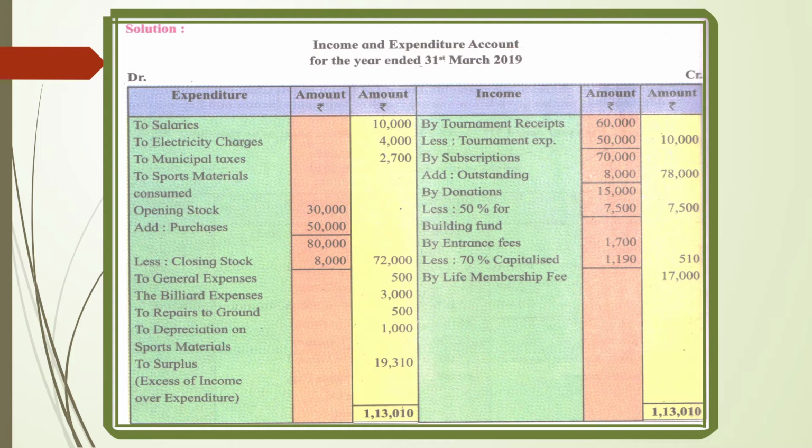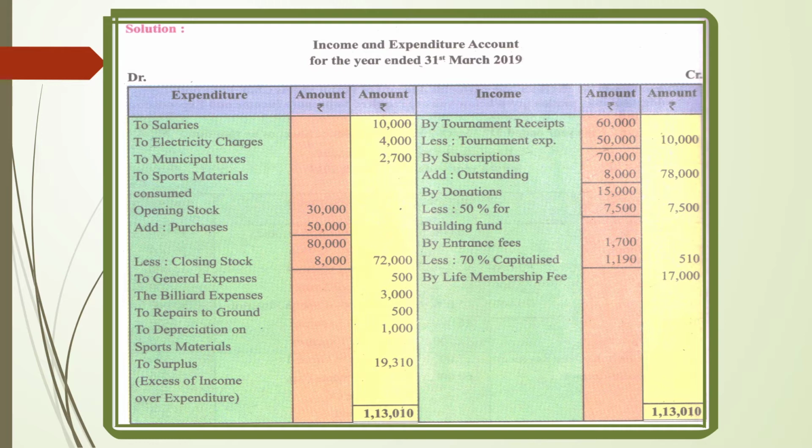So start from the first item. What is our first item of receipt side? The first item of receipt side is to balance brought down, that is the opening cash balance. So you should mention in the opening balance sheet cash in hand, that is of rupees 5,000.